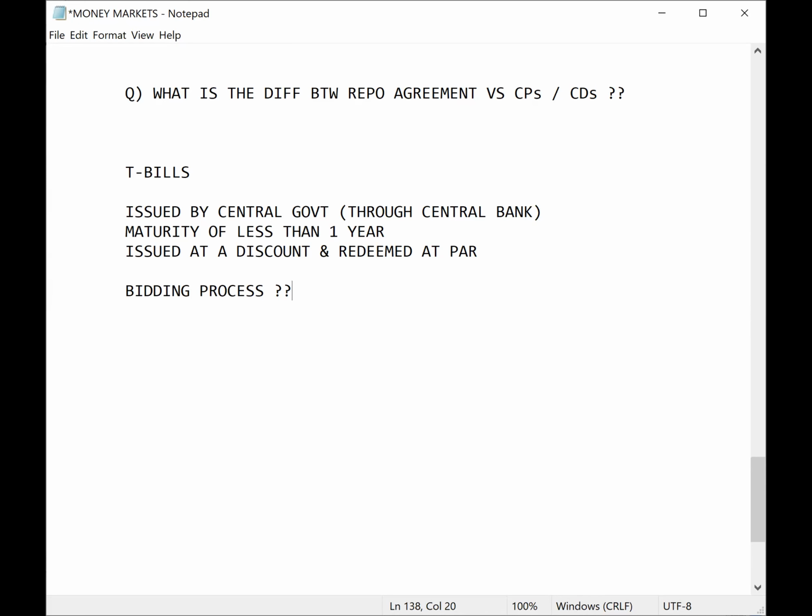Yes, in IPO there is also bidding process like this. Okay, so there are two types, guys.